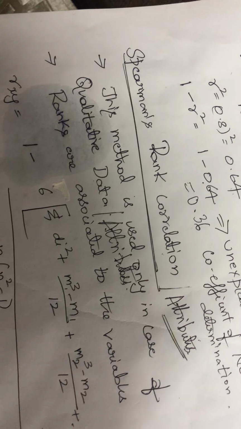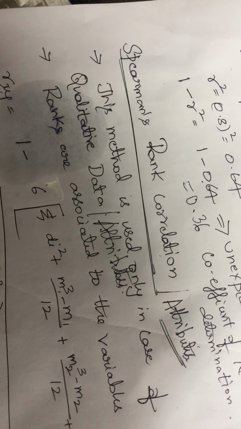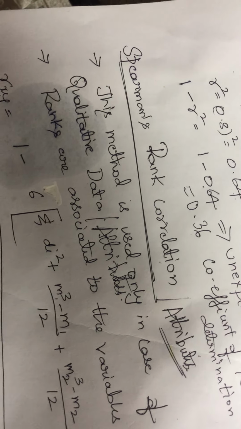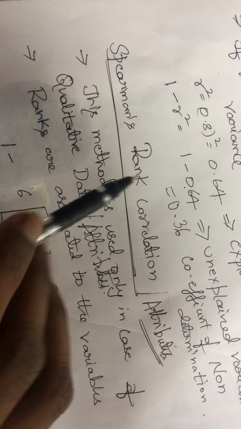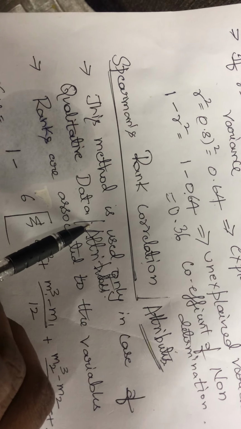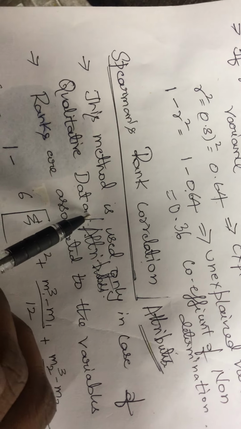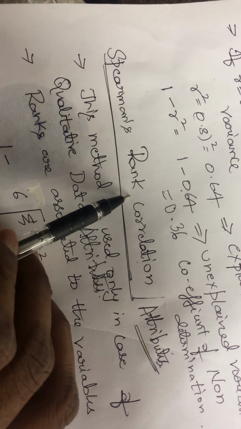Variables means data which can be expressed in terms of numbers. That means quantitative data can be analyzed, but under Karl Pearson's, qualitative data cannot be analyzed. Hence, we have come to Spearman's rank correlation.